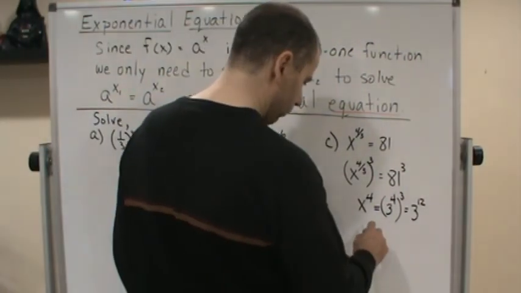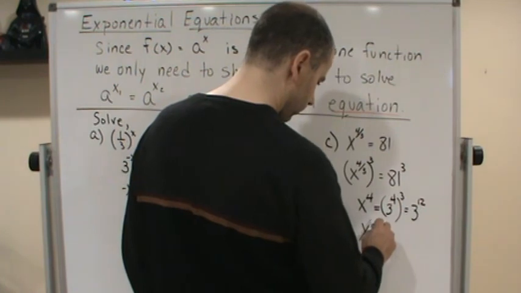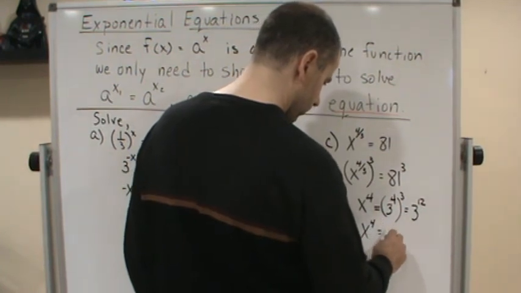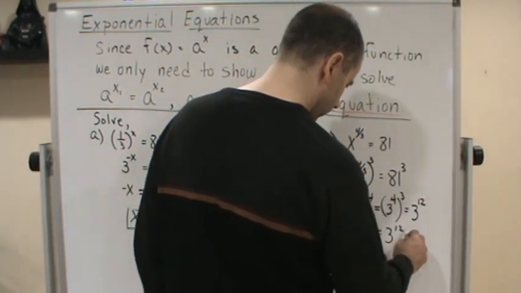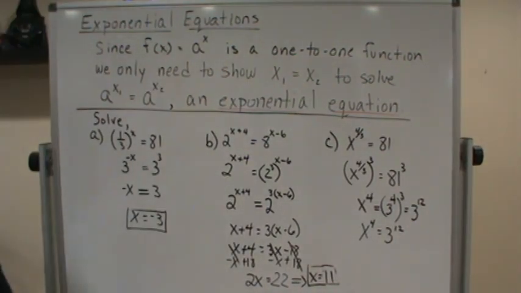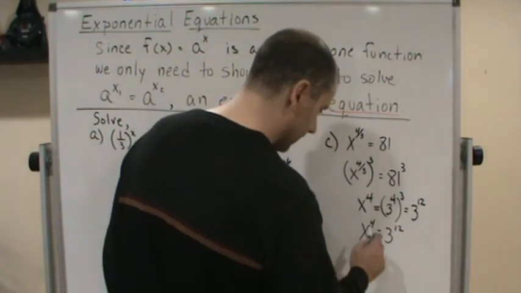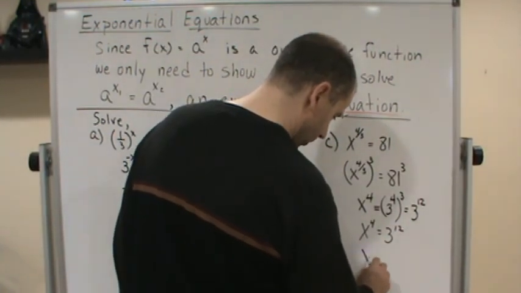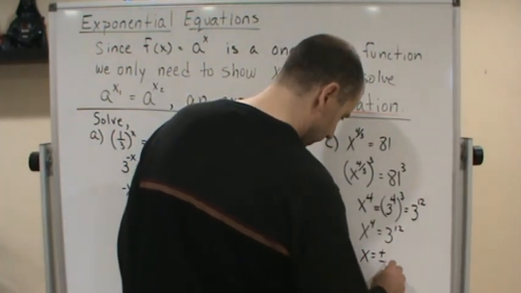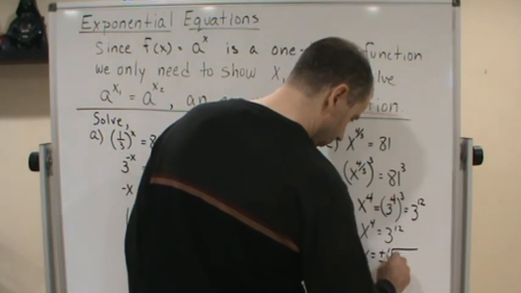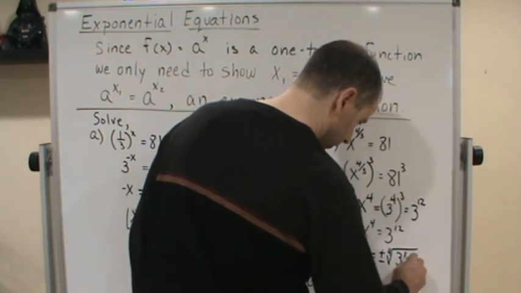Now what can I do? Now I can take the 4th root of both sides. But again, if I take the 4th root of both sides, I have to include the plus or minus. So x equals plus or minus the 4th root of 3 to the 12th.